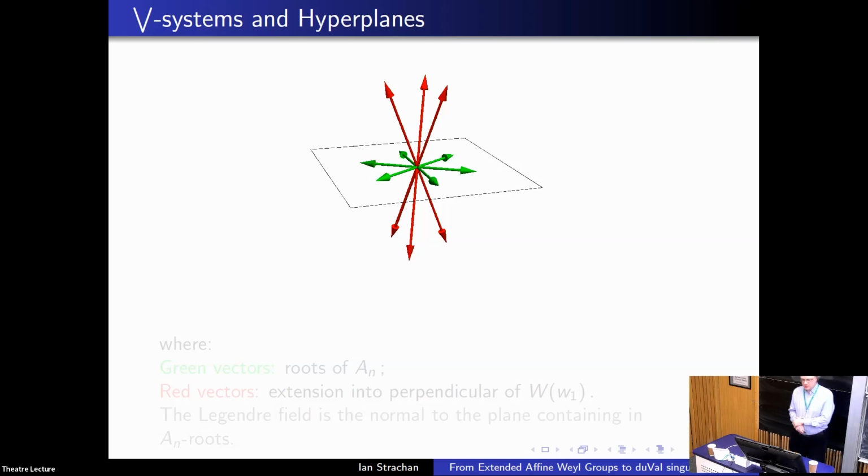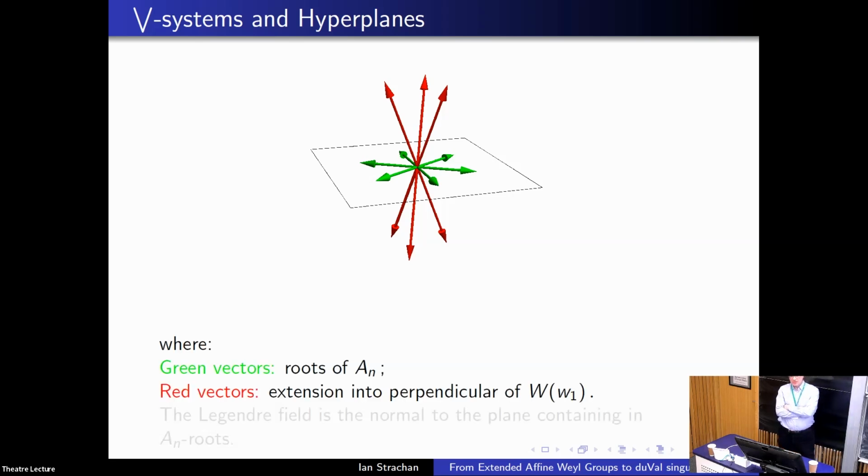So what's the color coding here? The green vectors are just your standard roots, in this case of A2. So that's your child's kaleidoscope of mirrors at 60 degrees apart, and all the green vectors are the normals to those mirrors. The red vectors are an extension into this third dimension.